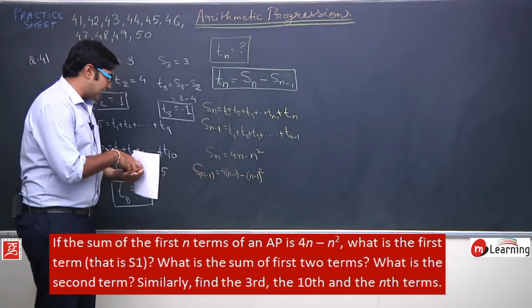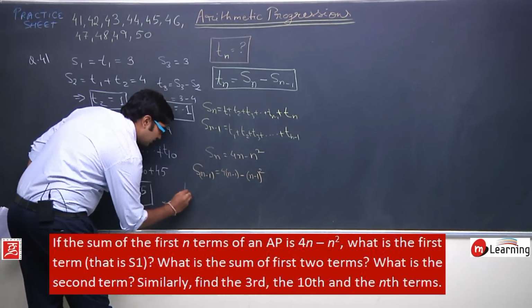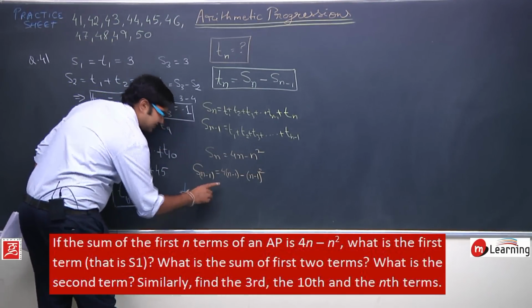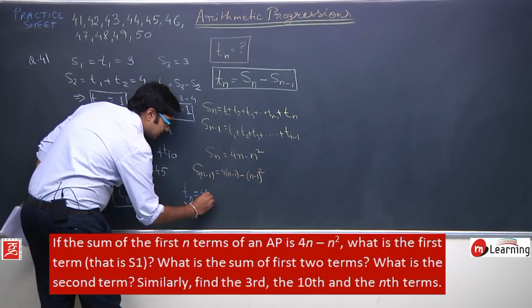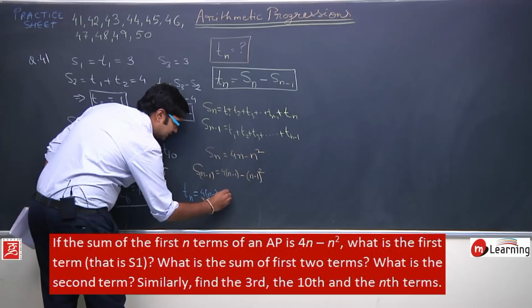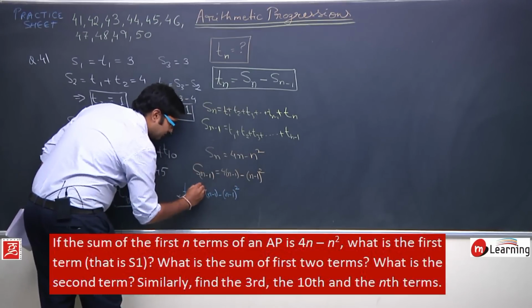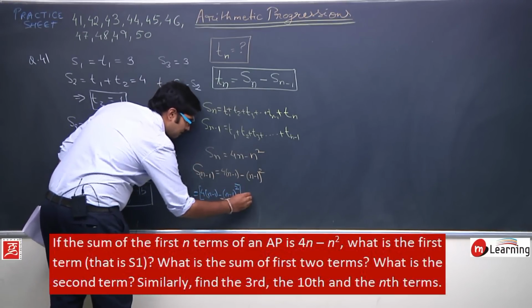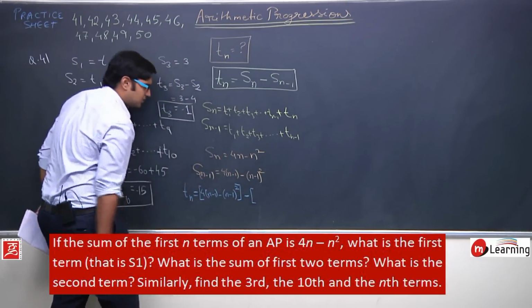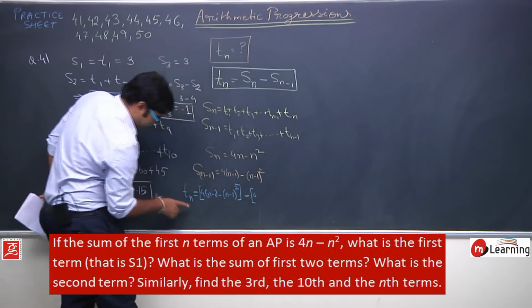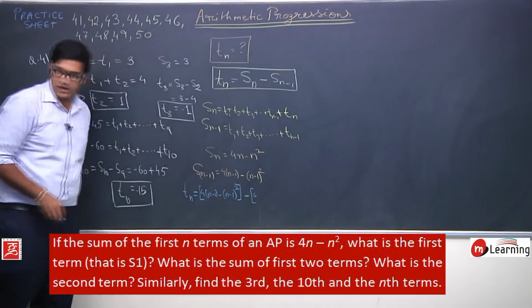The value of Tn will be Sn minus Sn minus 1, sorry, I have written it wrong.